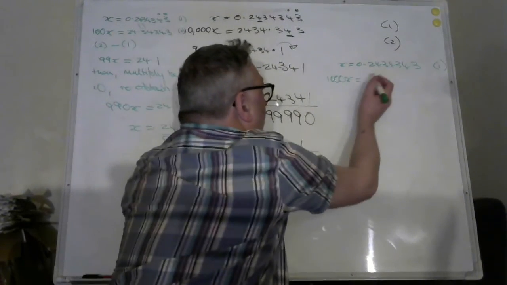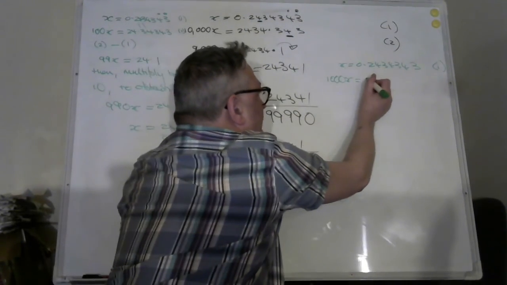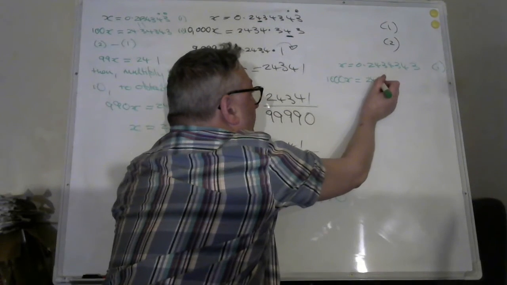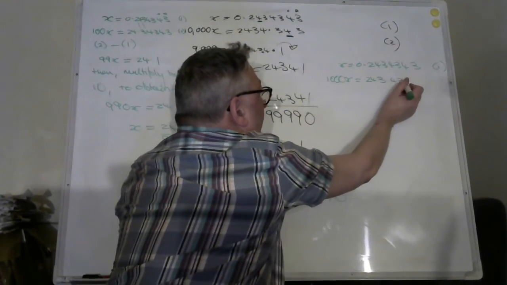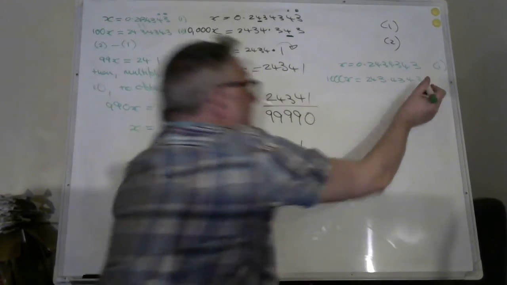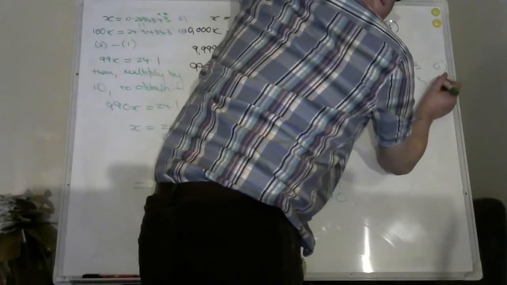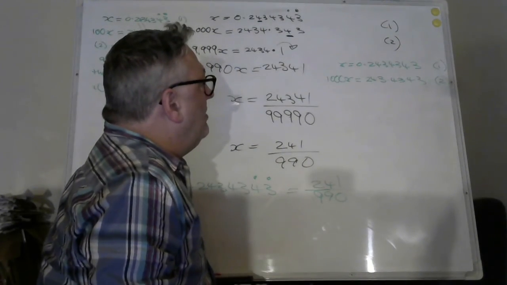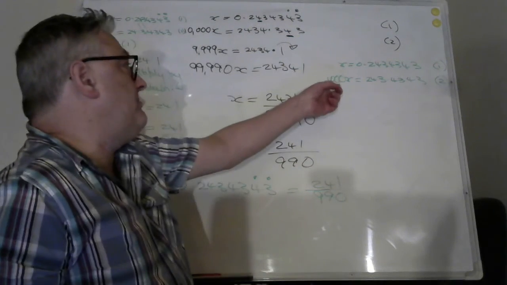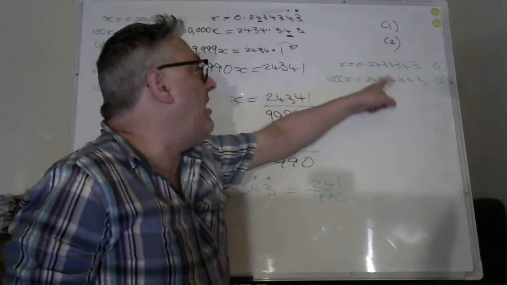So that's equation 1. If we multiply by 1,000, we get 243.4343. So that's equation 2. And then you multiply by 10. Well, that would be multiplied by 10,000, but it would shift that up to the wrong place.